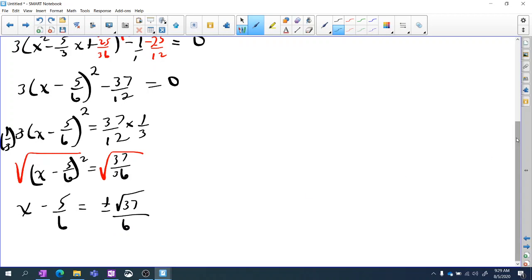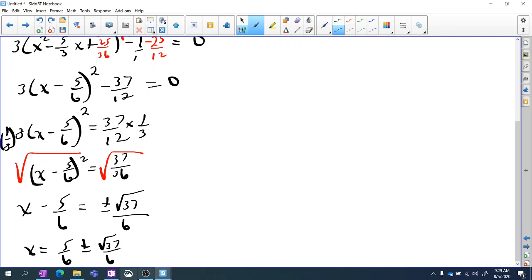Okay, we're almost there. I'm going to go here, x equals, take our negative 5/6 to the other side, so 5/6 plus or minus the square root of 37 over 6.